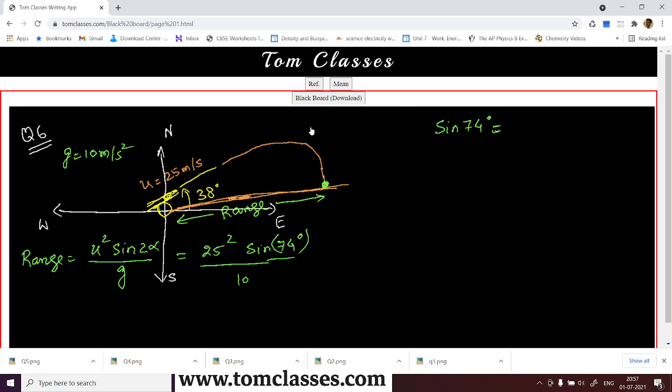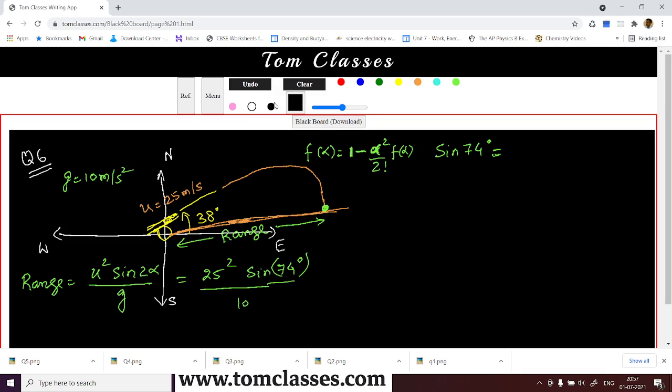Basically in that, f of alpha is given as the first term 1 minus alpha square by 2 factorial, and so on. It is a series that we derive from a differential equation, or by differentiation.